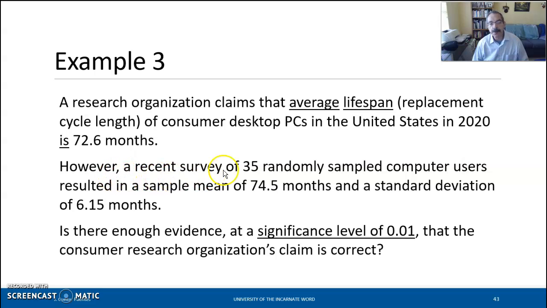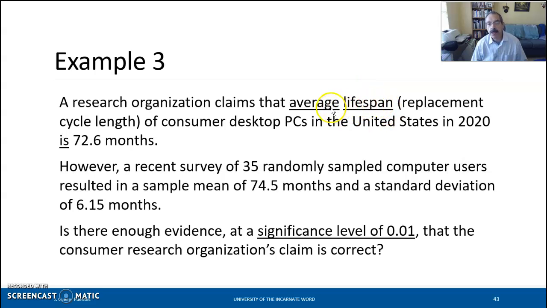So a recent survey of 35 randomly selected sample computer users resulted in a sample mean of 74.5 months and a standard deviation of 6.15 months. So the question is, is there enough evidence at a significance level of 0.01 that the Consumer Research Organization claim is correct? All right, again, we're dealing with averages, lifespan, which is time.